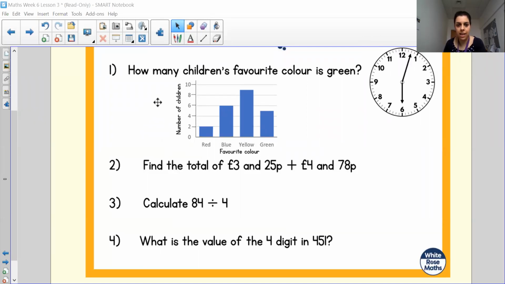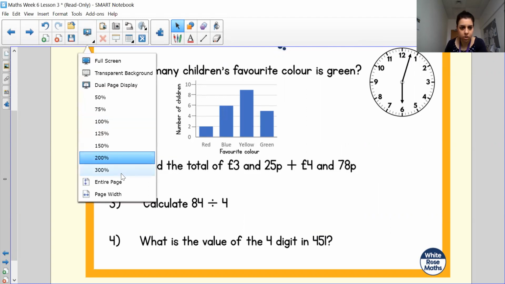The first question says, how many children's favourite colour is green? So you look at the bar chart and we've got red, blue, yellow and green. So this is the green section. Now the numbers at the side here, so this is the y-axis, is what it's called, go up in 2s: 2, 4, 6, 8, 10. And it says that those numbers are the number of children that chose that colour.